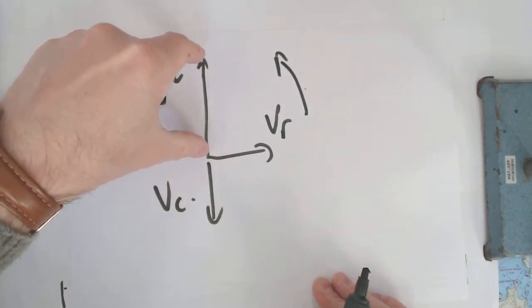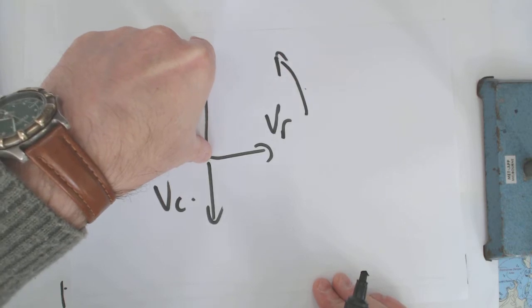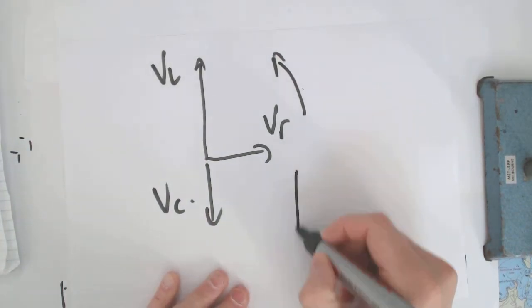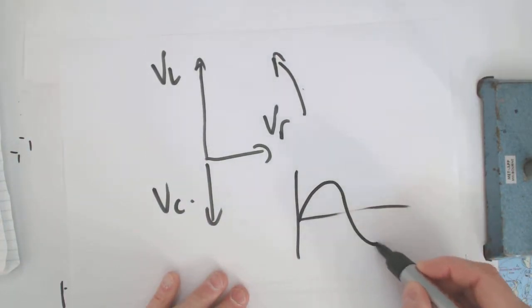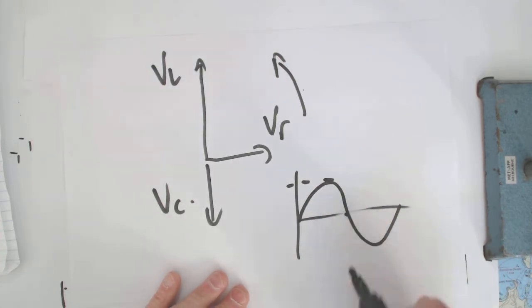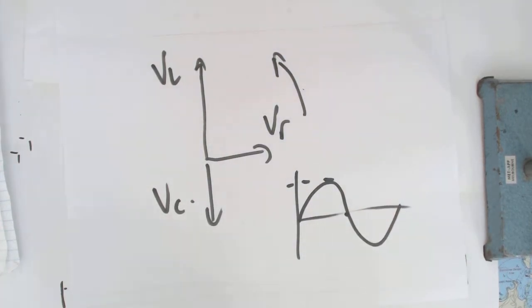As these rotate, you're rotating their maximum amplitude. They give you the graph, the peak values, and the zero values as they rotate.